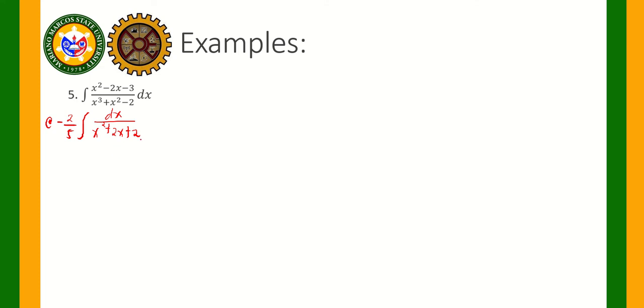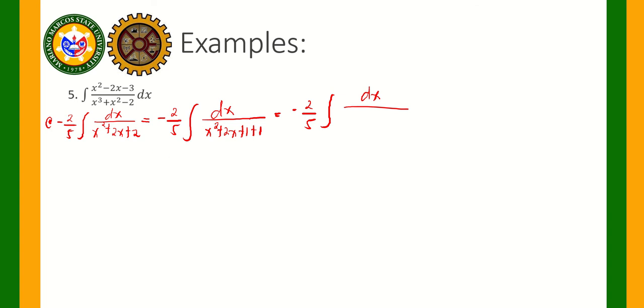Okay, so pwede nating i-write yung denominator natin as negative 2 over 5, the integral of dx all over x squared plus 2x plus 1 plus 1. So that maging reducible siya. Okay, so we can rewrite this as negative 2 over 5, the integral of dx all over, now, si x squared plus 2x plus 1 has factors.